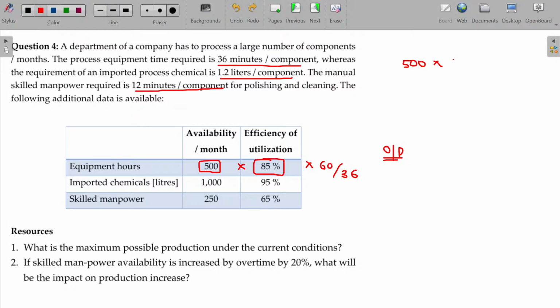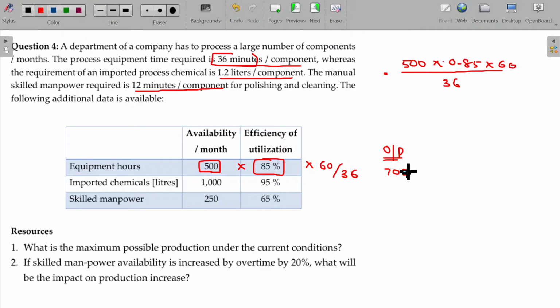Clear? But for producing one item, 36 minutes required. This is in terms of hours, so I convert that into minutes. This is the total minutes available for production, and for producing the output we need 36 minutes only. You divide that by 36. What is the output?